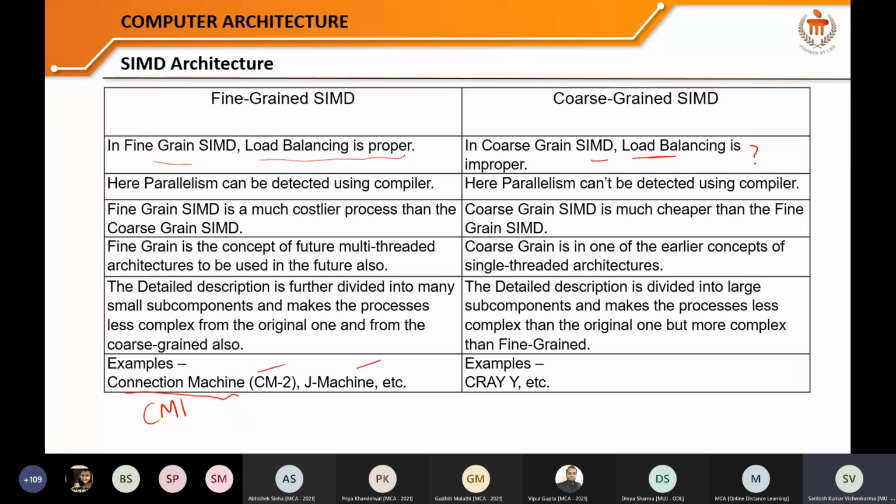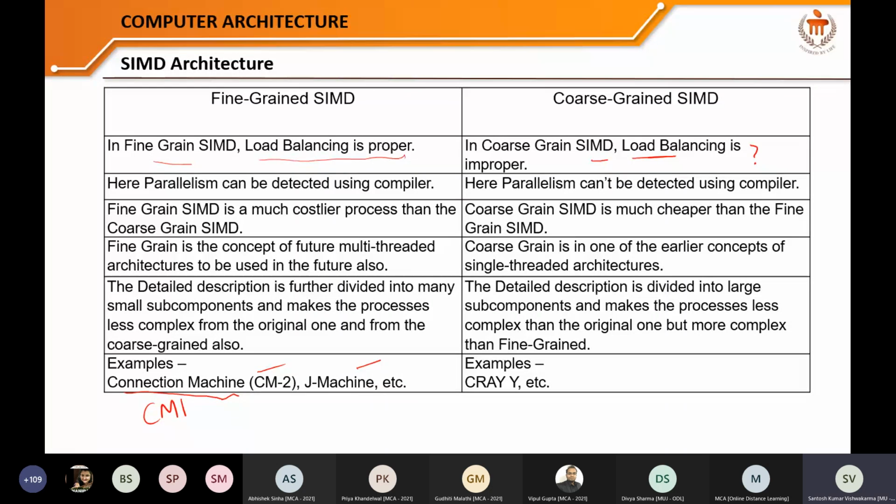If you have any working knowledge of distributed environments, this is a very important factor: how to balance the load across nodes in a justifiable way. So in the fine grained system, load balancing is found to be very authentic and proper, and in the coarse grained system, load balancing seems to be an issue.